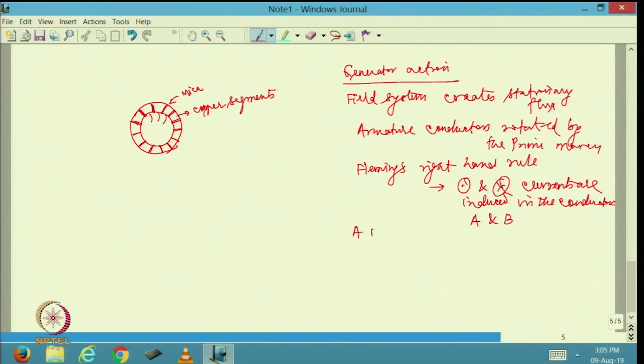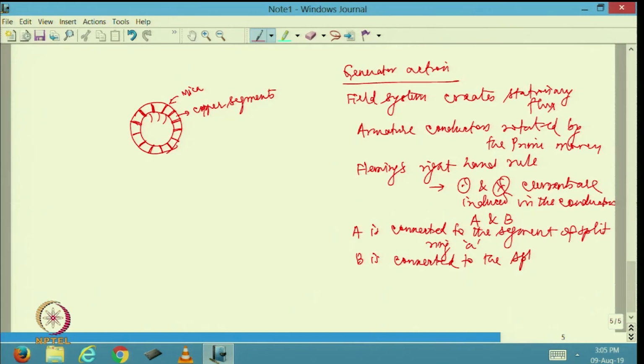So, I was showing only two conductors, let us say A and B. Now, A is connected to the segment of the split ring, small a, and B is connected to the segment or split ring portion, small b, right.